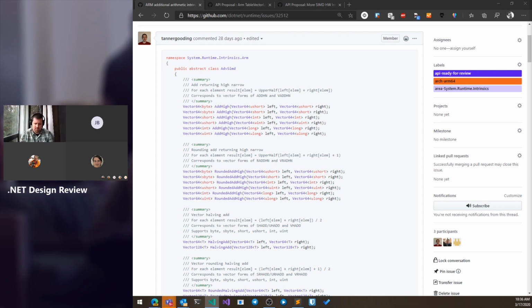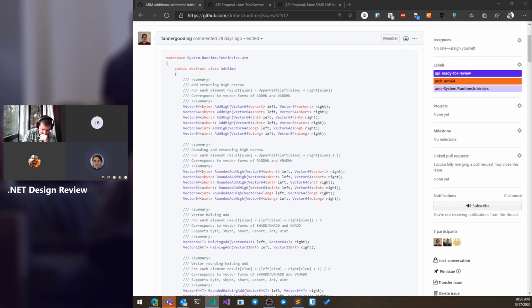So I think I just explained, and I'm not entirely sure I fully got it. The add HN instruction writes the vector to the lower half of the destination register and clears the upper half, while add HN2 writes the vector to the upper half of the destination without affecting the other bits of the register. So they both do an add high operation.